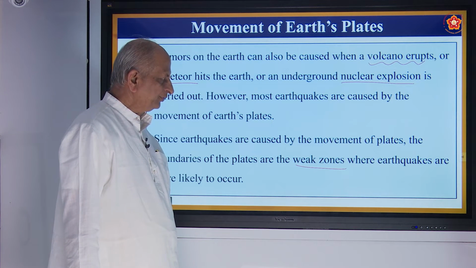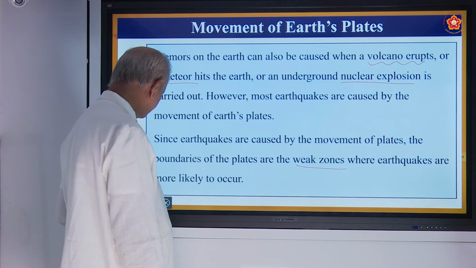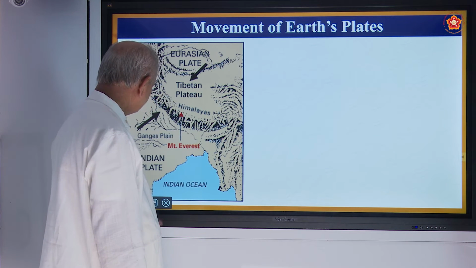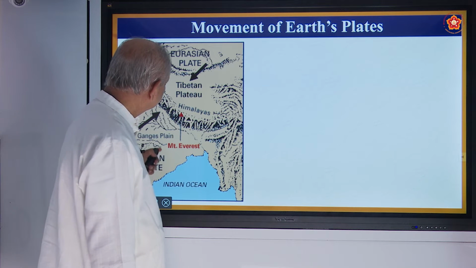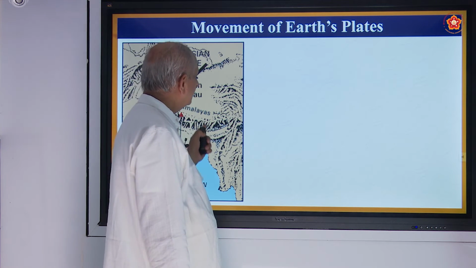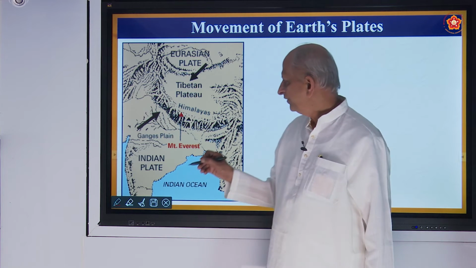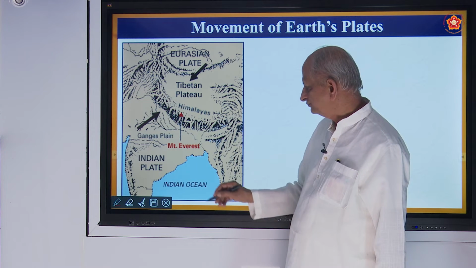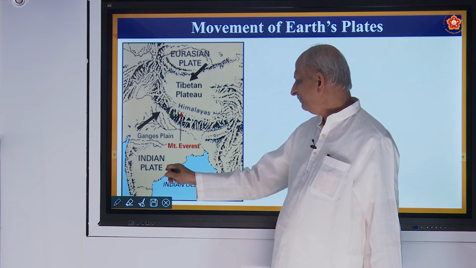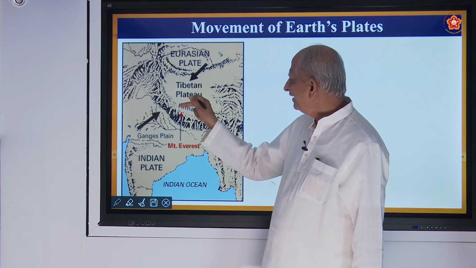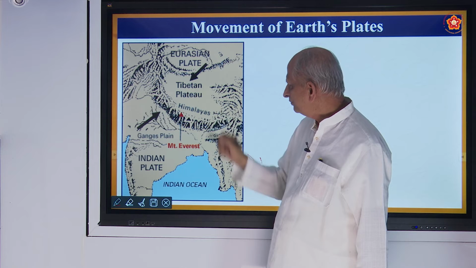So let us see where the weak zones in India are, where the earthquakes are seen. For example, here you have a photo of the physical features of the earth. This is called the Indian plate. The Indian Ocean is here, and this is the Tibetan plateau.